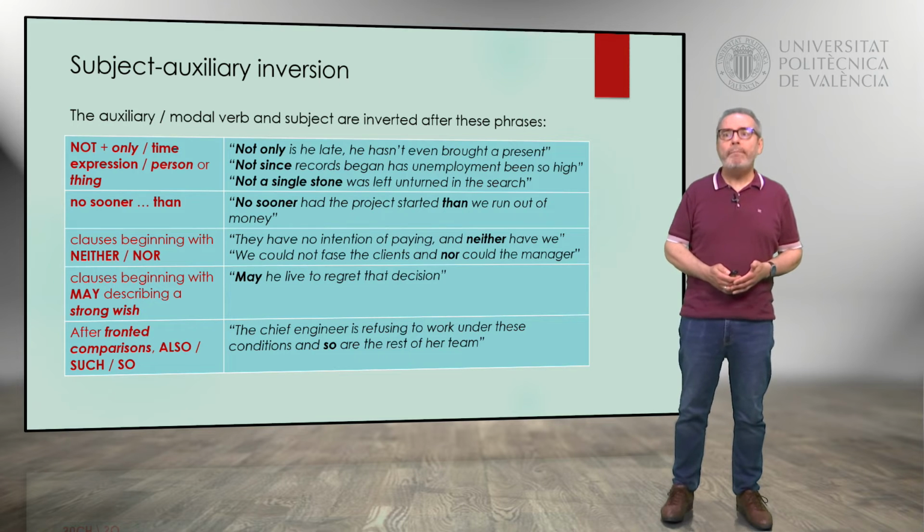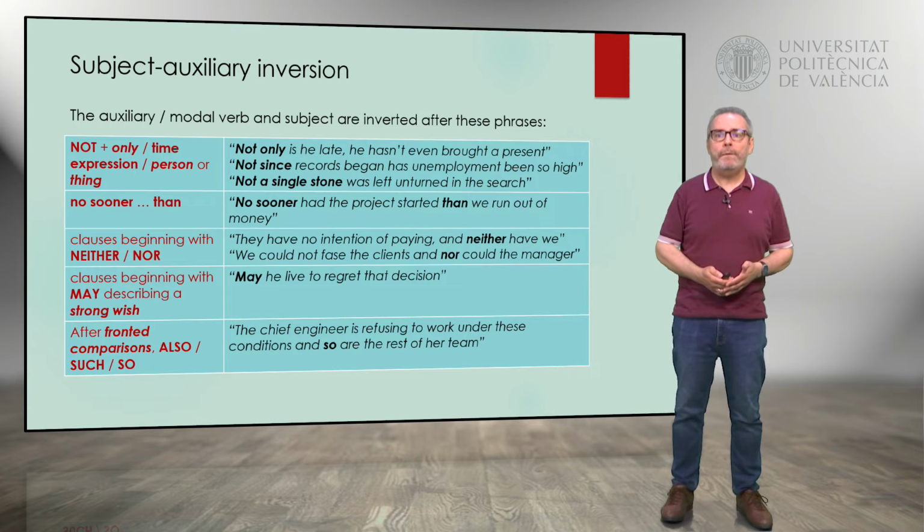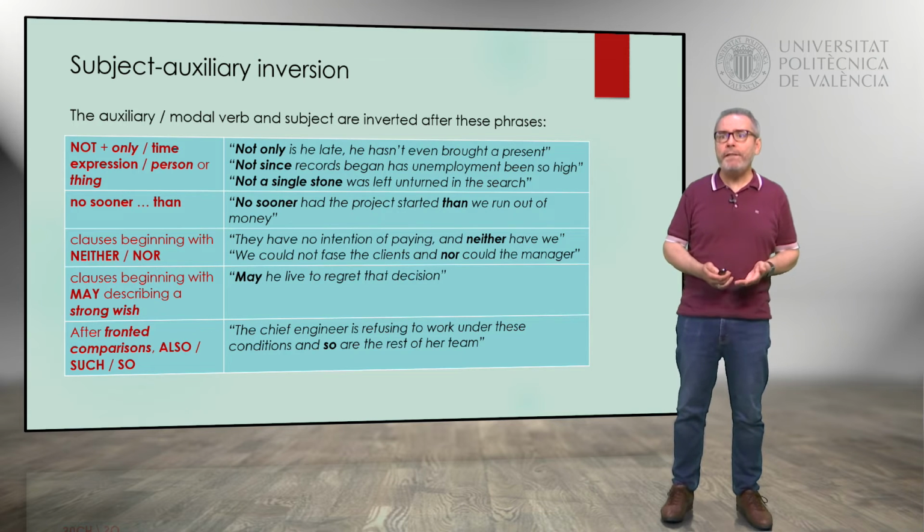For example, may he live to regret that decision, or after fronted comparisons with such and so. This is very typical in formal English. The chief engineer is refusing to work under these conditions, and so are the rest of her team.